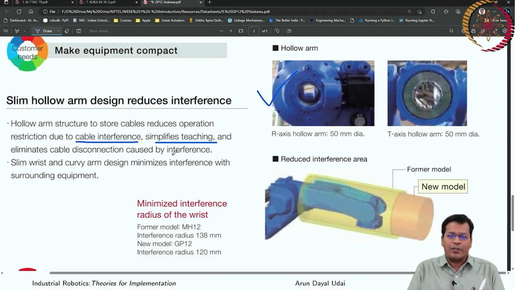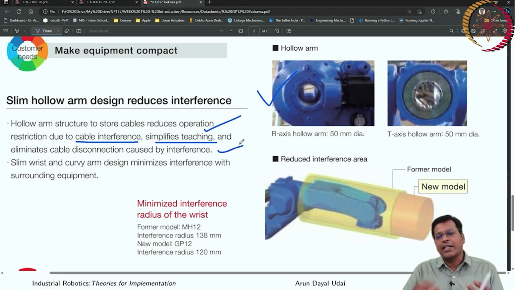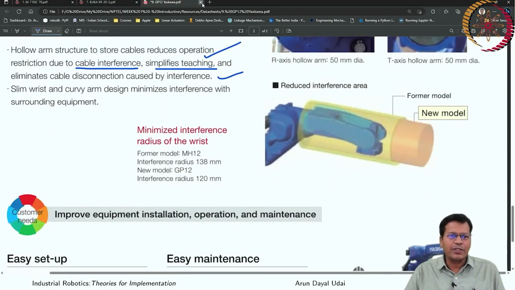While programming a robot you do teaching and it repeats the task. It also eliminates cable disconnection: if it gets entangled with some object in the surroundings, the wire may be plugged out, and in that case it should not interfere with the working of the robot. So this is one of the very important specifications.